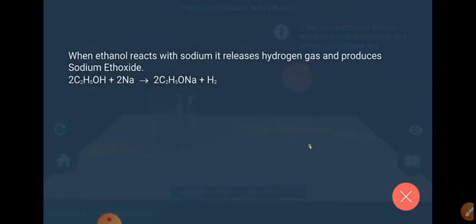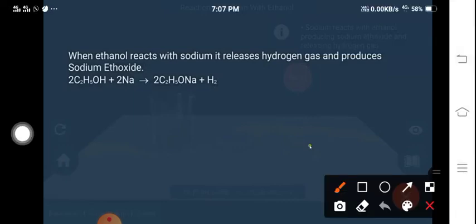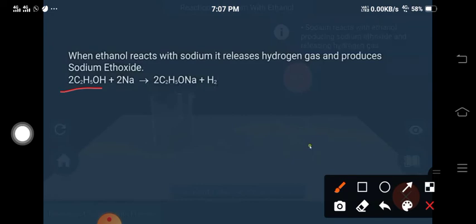When ethanol reacts with sodium, it releases hydrogen gas and produces sodium ethoxide, and this is the reaction for the same. This is the molecular formula for ethanol, and this one is sodium. When ethanol reacts with sodium, we get sodium ethoxide and hydrogen gas is liberated.